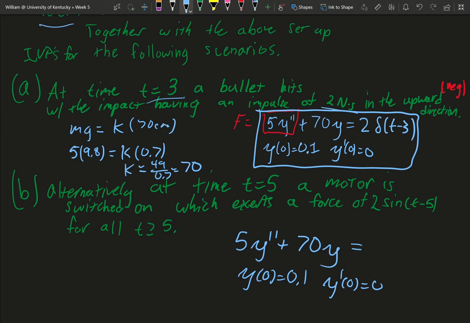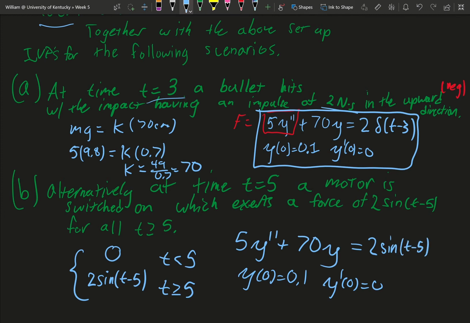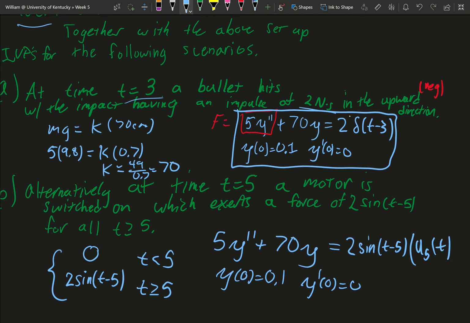So for the motor force, if t is less than 5, there are no additional forces. But if t is greater than 5, then we have this additional force, 2 times sine of t minus 5. One way we could represent that is 2 sine of t minus 5, but we want this to be 0 before time 5, so we multiply by the Heaviside function starting at 5.